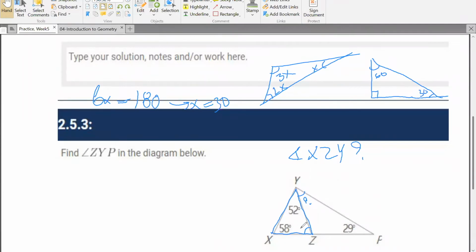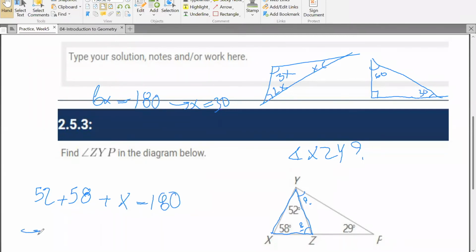What is this? Not a difficult question. Yeah, very good. Thank you, Arlene. Because in this triangle, all the angles have to add up to 180. So you would say 52 plus 58 plus X equals 180.